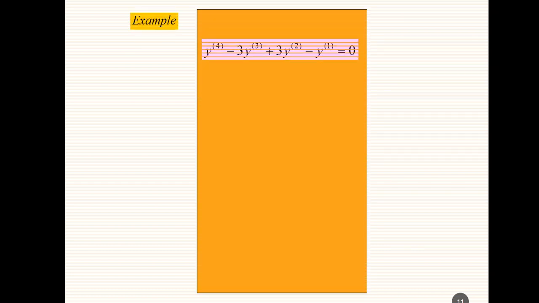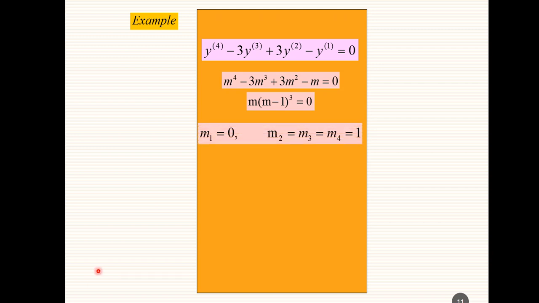By the way, we have another example here for a fourth order differential equation resulting in a characteristic equation which is also fourth degree in m with roots 0 and 1, 1 being repeated three times. So I have already explained what will happen here.